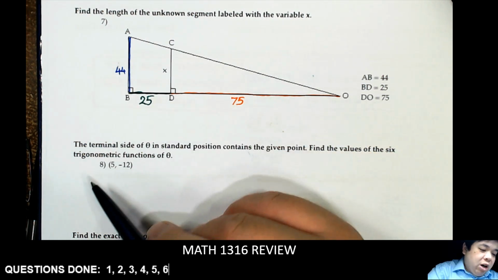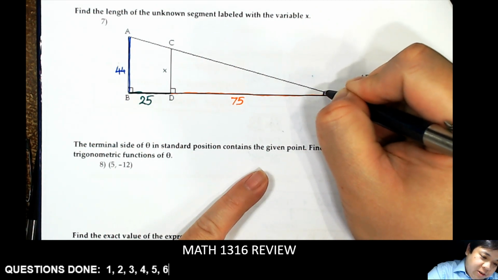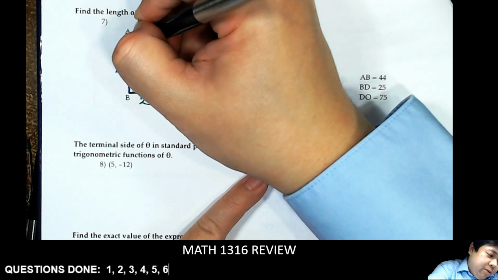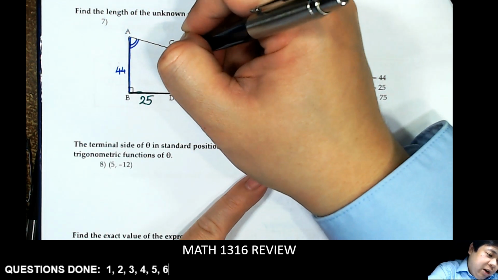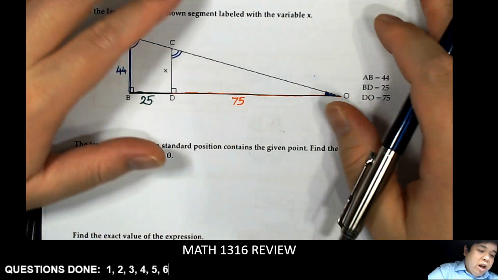both of them have the right angle, and this angle is common. We should have this angle equal to this angle because they are corresponding angles. So we have two triangles that are similar.